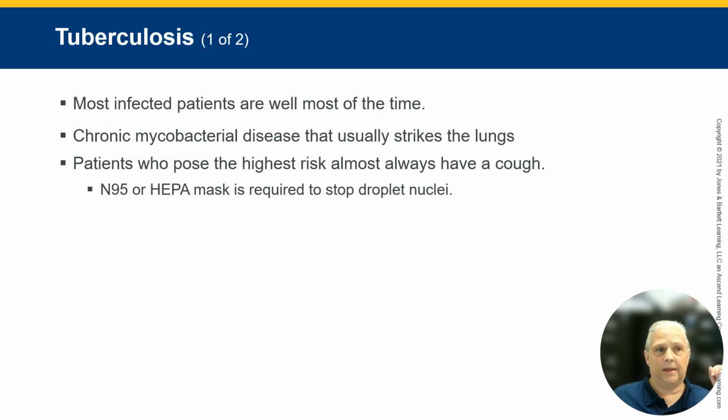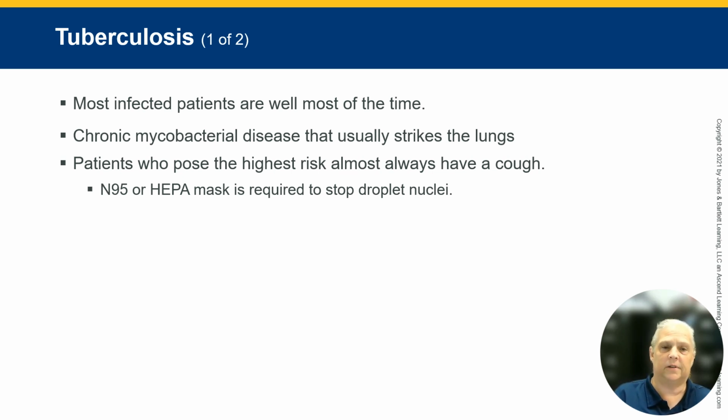So with TB, tuberculosis, most of the time the infected patients are well, they're not ill. When we have chronic mycobacterial disease, it's usually going to be in the lungs. Shortly after exposure, you can develop an illness.